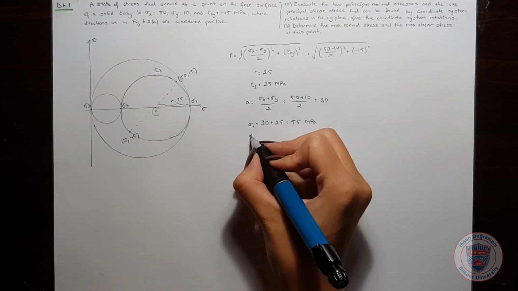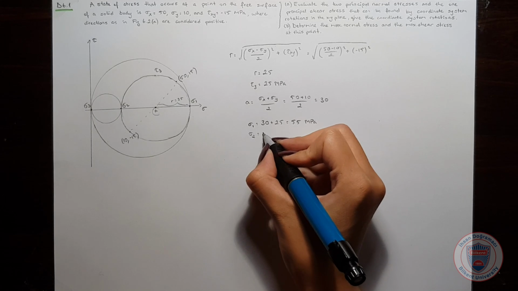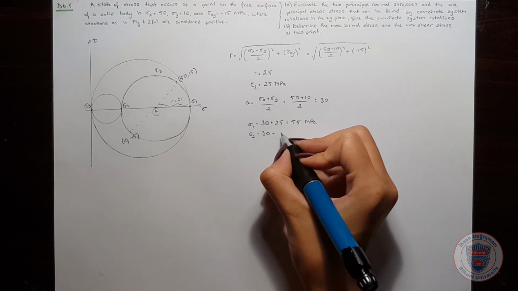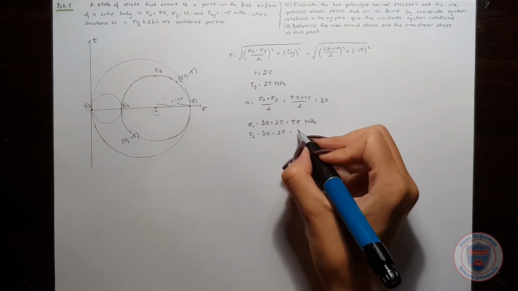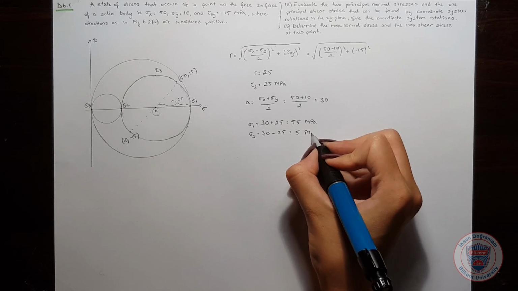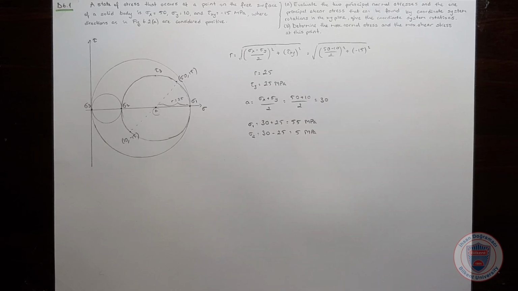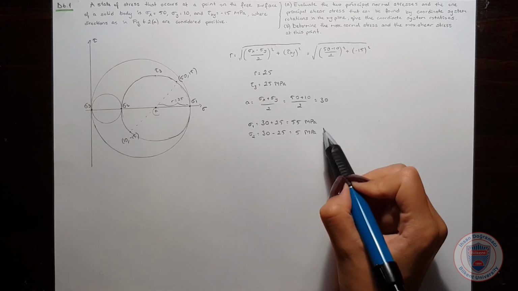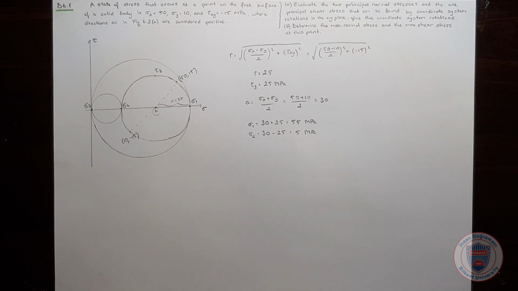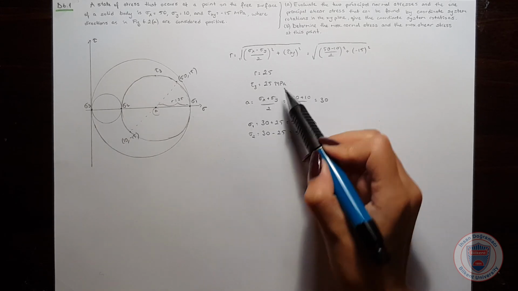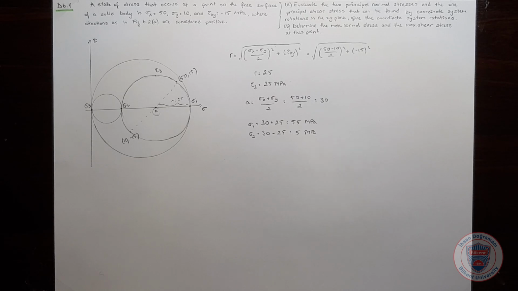And sigma 2 will be 30 minus 25, and it is 5 MPa. So, we found the two principal normal stresses and we found the one principal shear stress.